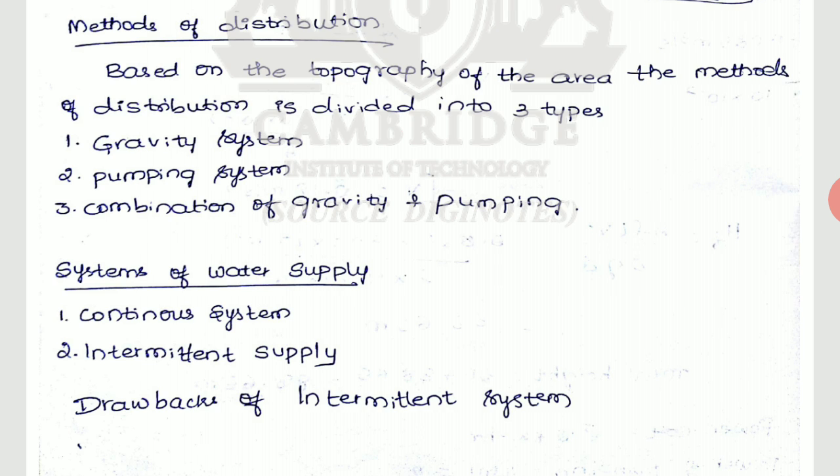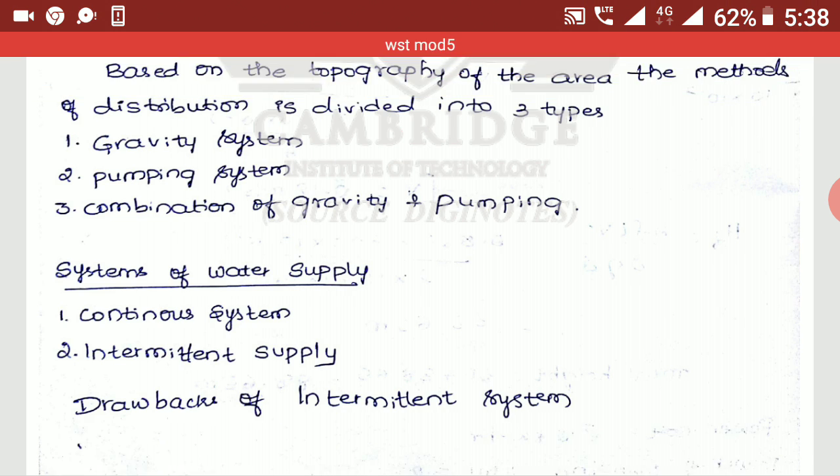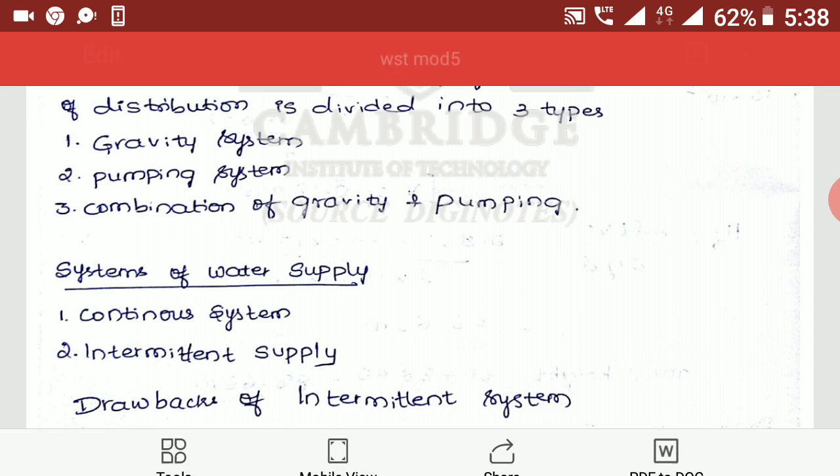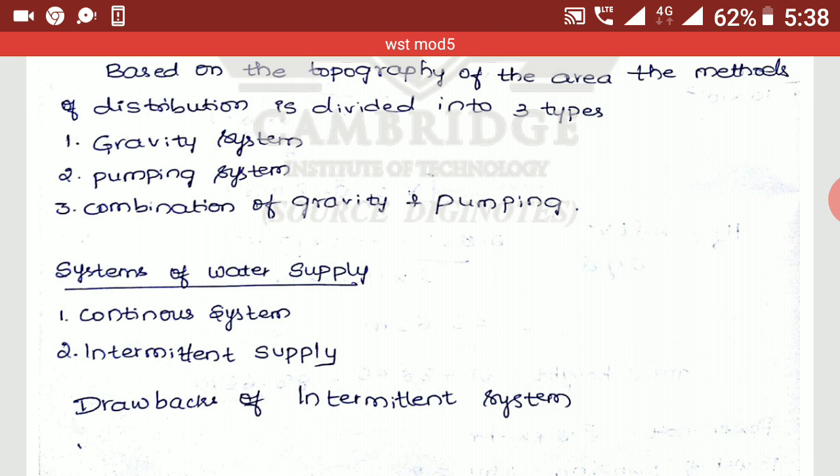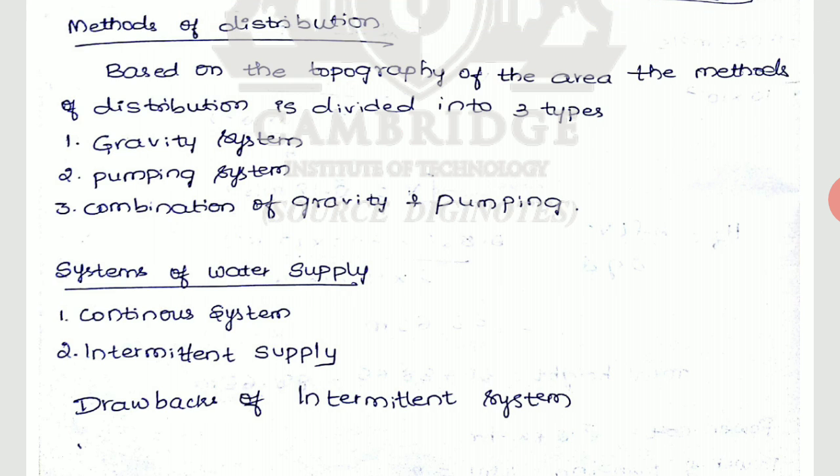Continuous system means the water will be supplied continuously to the public, without any stop or control of water. And the second one is intermittent supply, meaning only at a particular time or on alternate days the water will be supplied to the public. That is called intermittent supply.